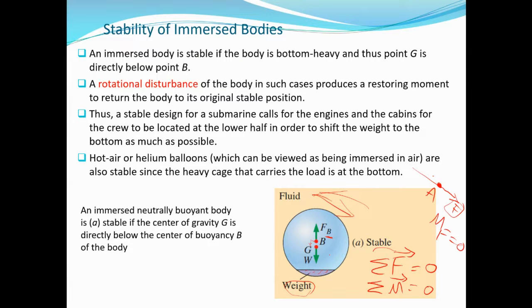So for a submarine, you make sure that the lower half is heavier, such that the center of gravity will be lower than the center of buoyancy. That puts it in a stable position, so that if there is any angular rotational disturbance, there will be a restoring moment that automatically takes it back to its original location.